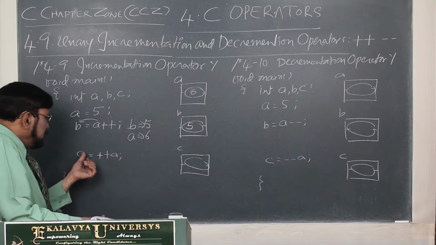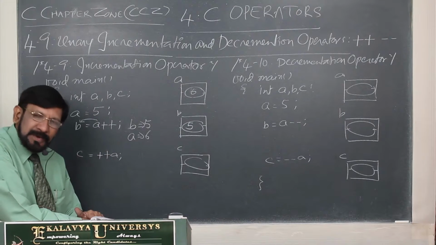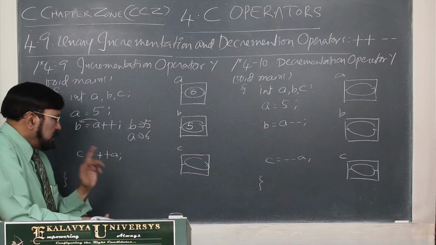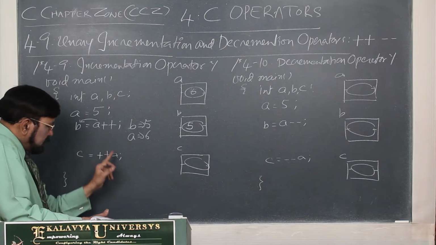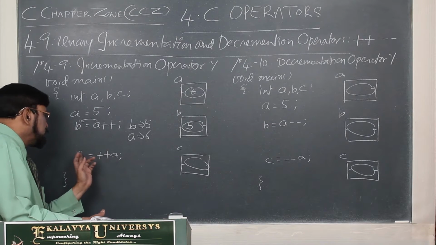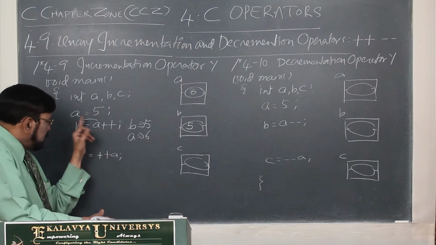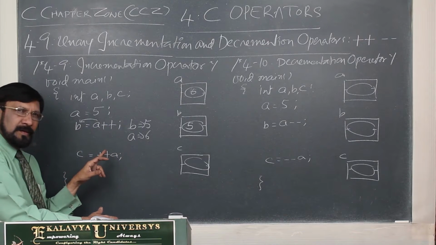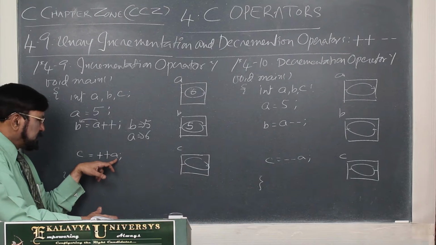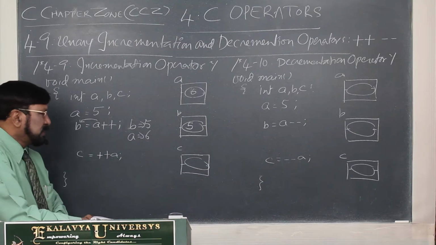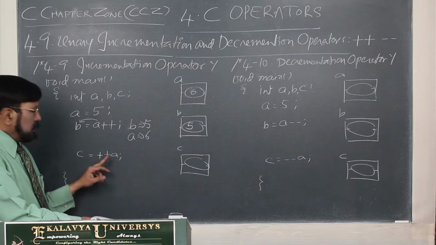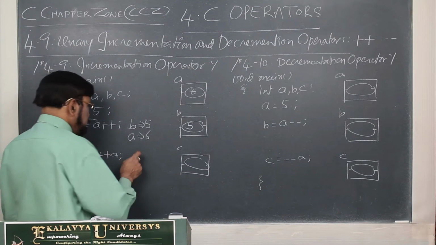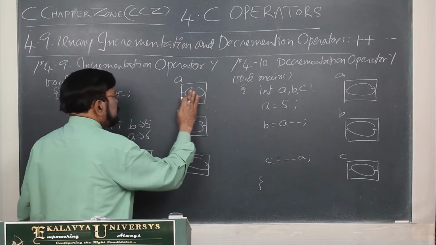Thereafter, C is equal to plus plus A. Plus plus A means pre-incrementation. First increment A, thereafter assign to C. Here, in the earlier statement, first we assigned A to B, thereafter incremented A. Here, first increment A, thereafter assign the resultant value to C. Now A is incremented by 1, so A becomes 7.